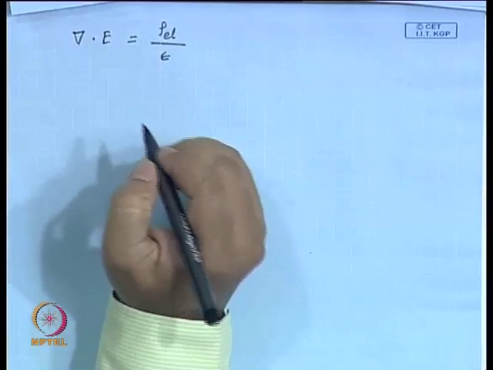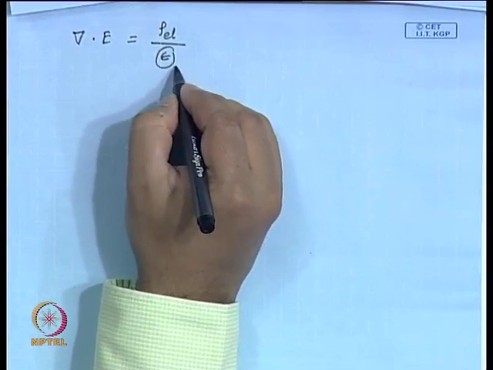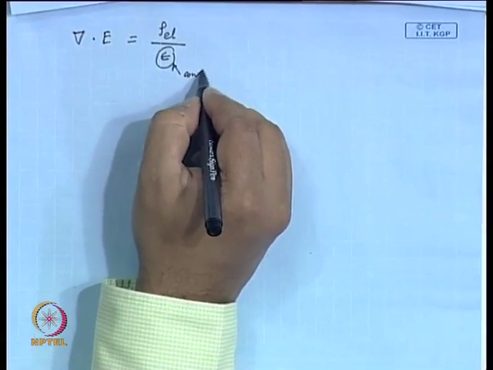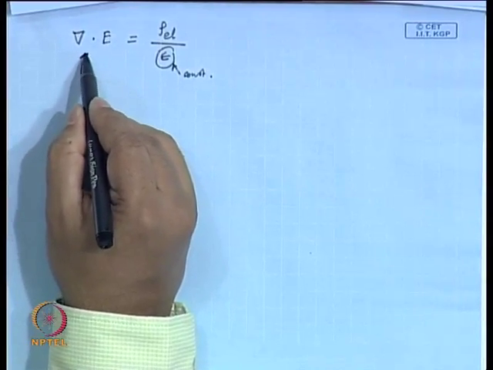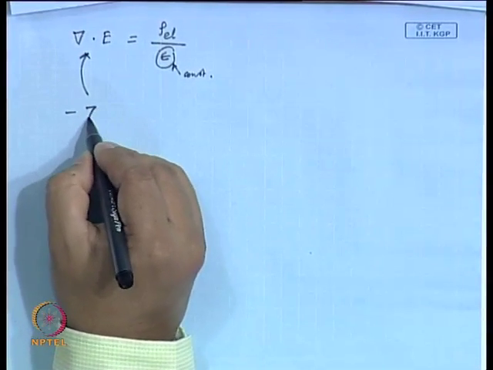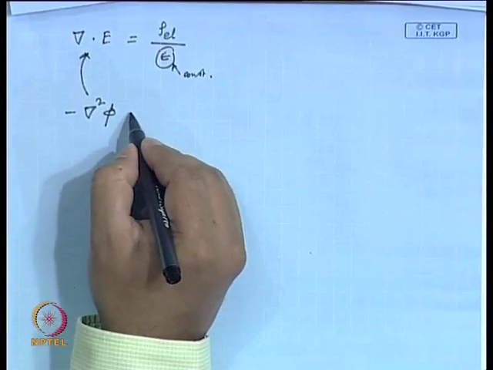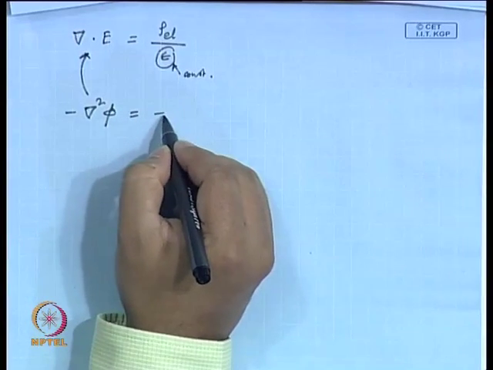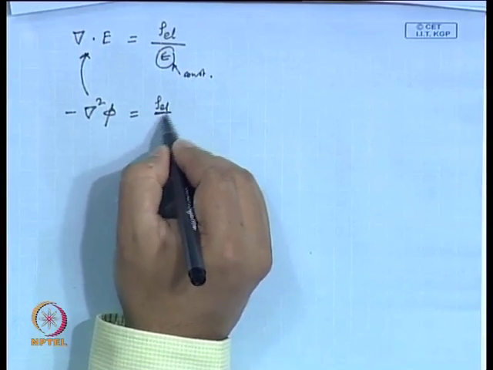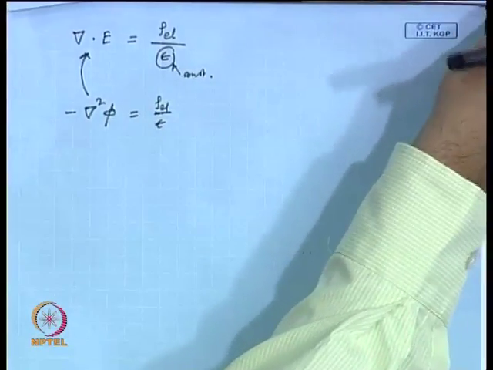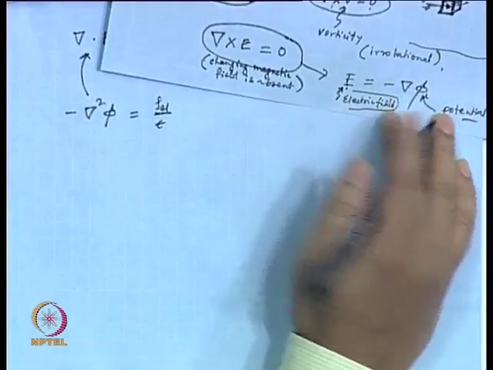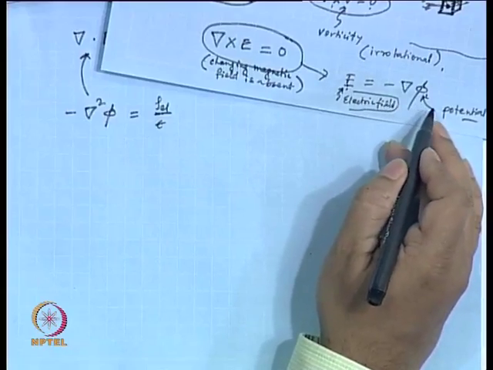And then if epsilon is constant, this del dot E can be written as minus del square phi. So, that is equal to rho EL by epsilon, because that is exactly what we said: E is equal to minus del phi.